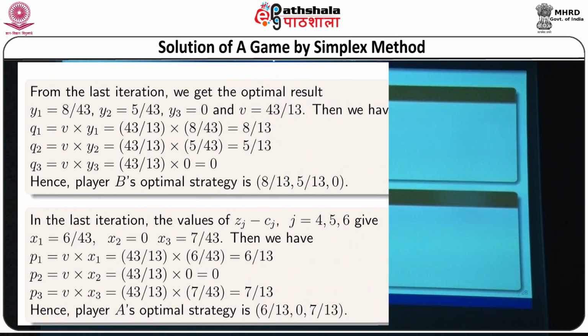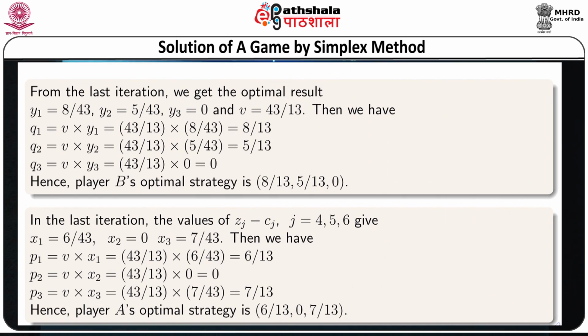So, we get the optimal mixed strategies for player A as 6 by 13, 0 and 7 by 13, after finding the values of P1, P2, P3 using the values of x1, x2, x3 and V.